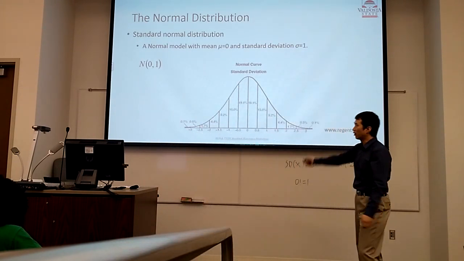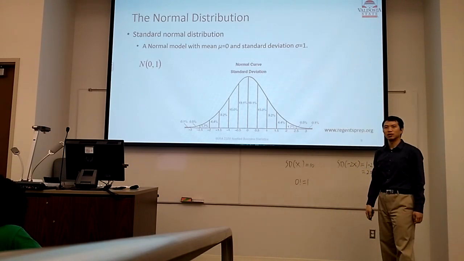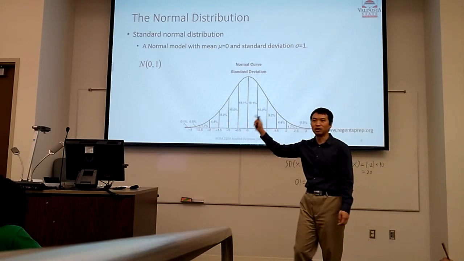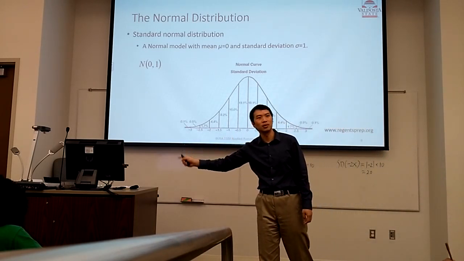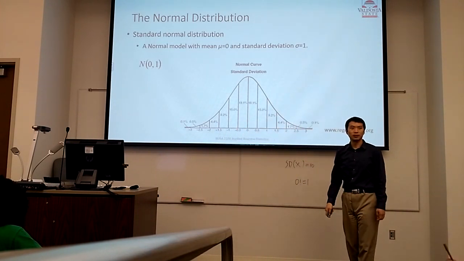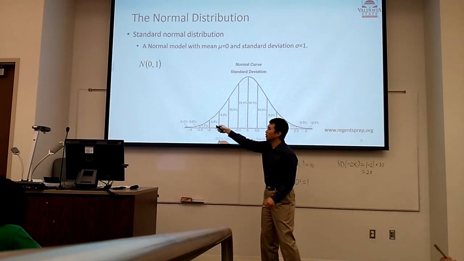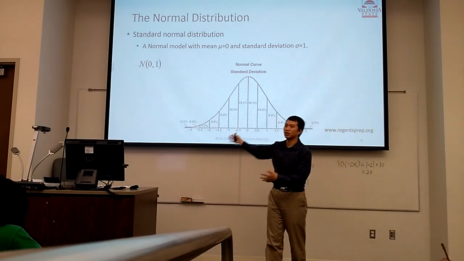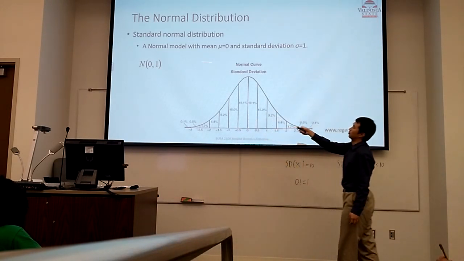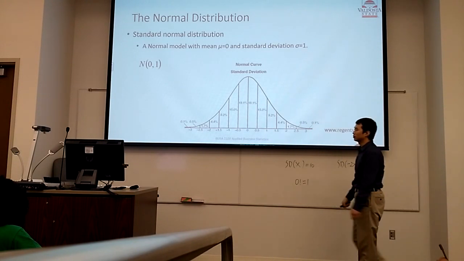That's why we have the standard normal distribution. For the standard normal distribution, mu is 0 and the standard deviation is 1. In a regular normal distribution, mu can be anything and the standard deviation can be any value, but for the standard normal distribution, mu has to be 0 and the standard deviation has to be 1.